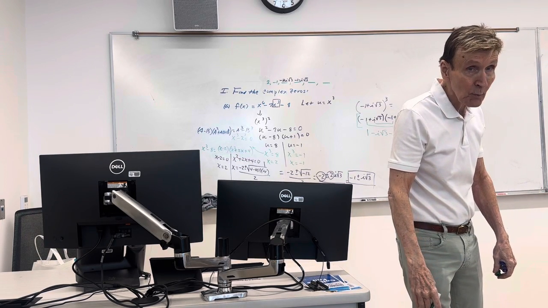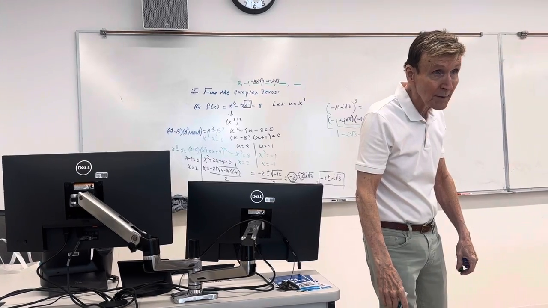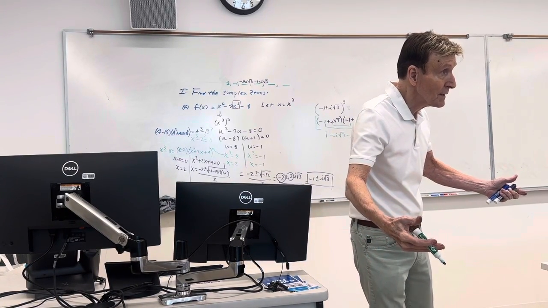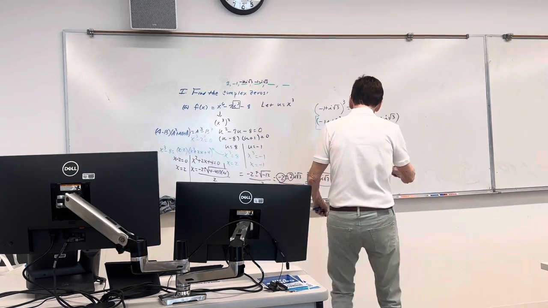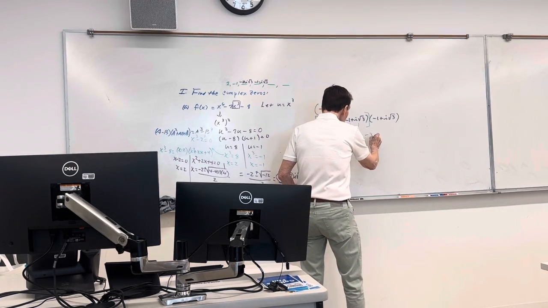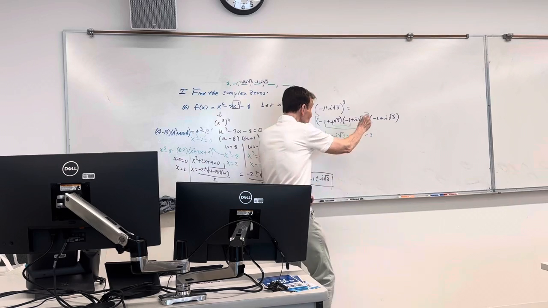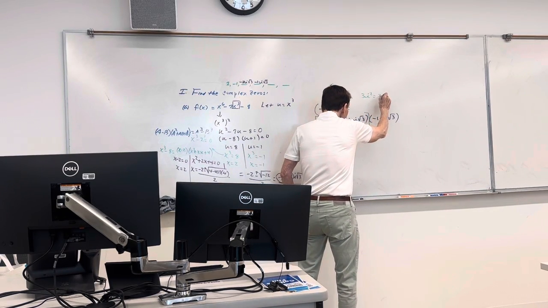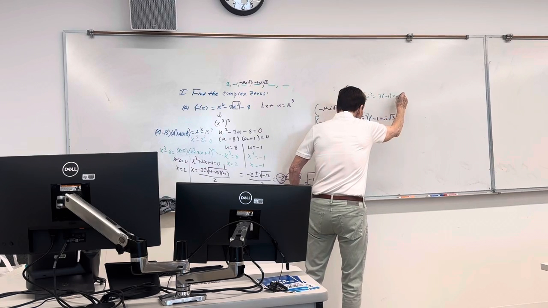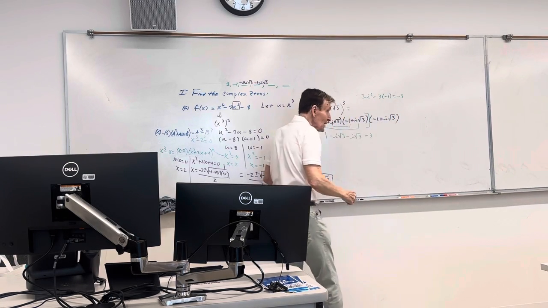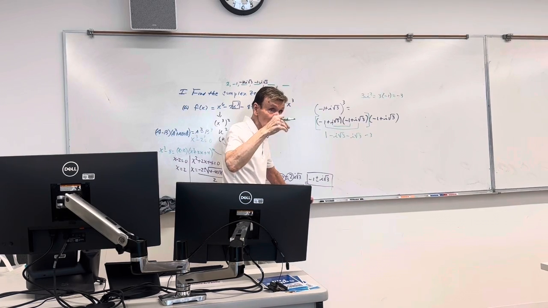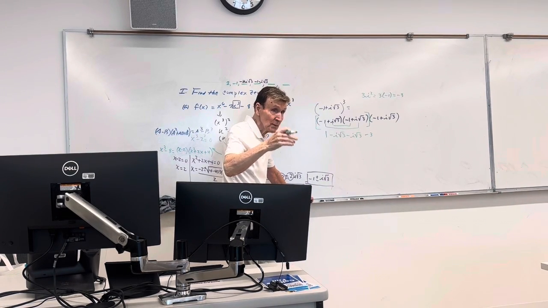But what's i squared equivalent to? Negative 1. So altogether it becomes negative 3. That's 3i squared, and that's 3 times negative 1, which is negative 3, since i squared is equivalent to negative 1. i is the square root of negative 1. You square it, you get negative 1.